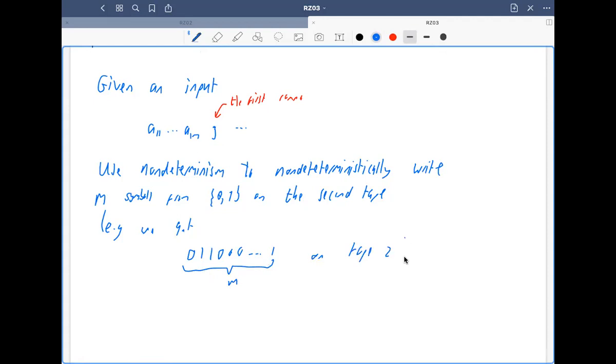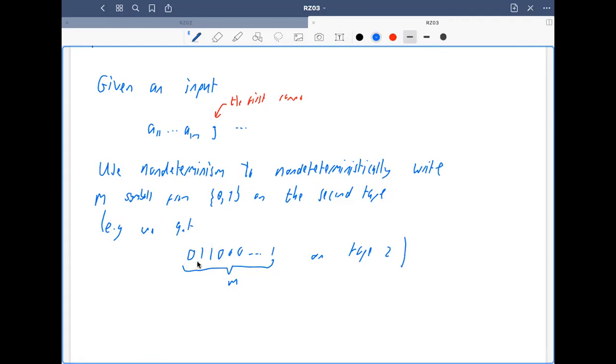But the point is the non-determinism is choosing these digits, right? And we can do this very easily because we can move the head along the input tape until we get to a comma. Each time we see a new input character here that's not a comma, we non-deterministically choose the 0 or 1. And then when we get to the comma, we stop, okay?